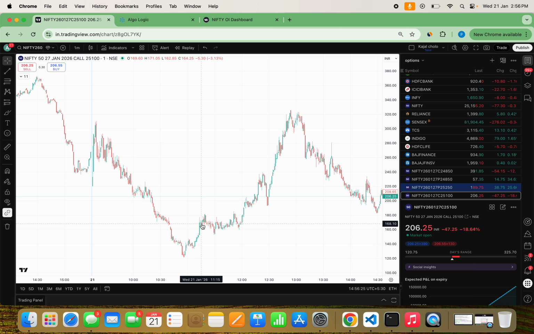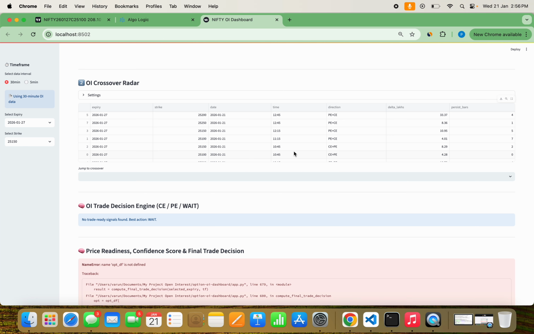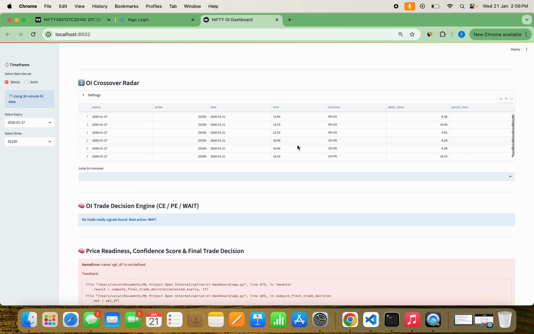Again, if you take 40 points from 170, the target is 210. Can we make 210? Of course you can make it somewhere here itself. It has gone to more than 210. So this is the way you will have a quantitative tool which will help you decide how long you can trade and where you can make the entry and the exit.